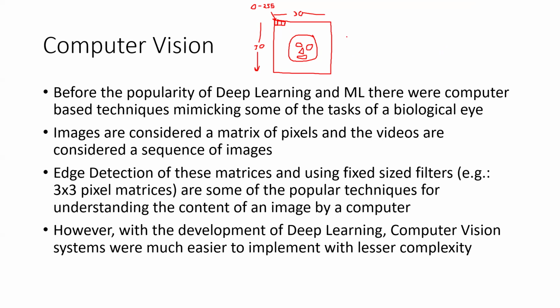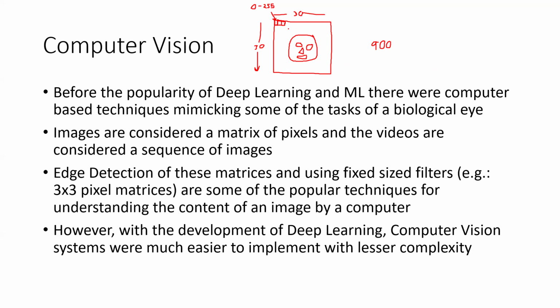In each of the 900 pixels, there would be 256 levels of values that can be included. So these 900 pixels can represent the image by different intensities in each of these pixels.